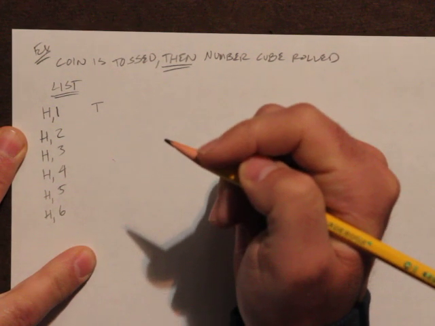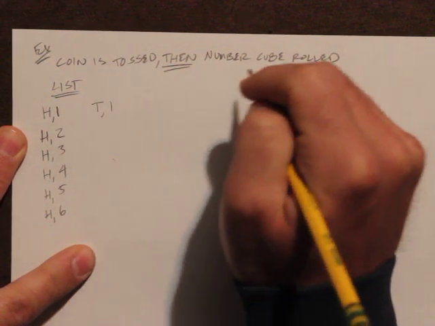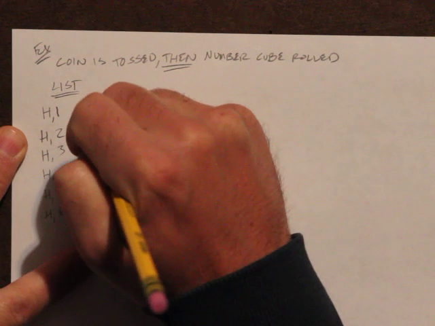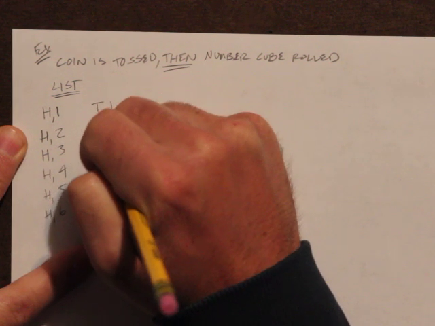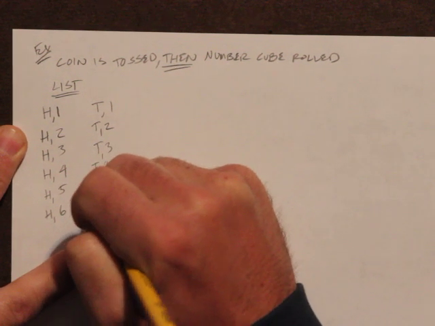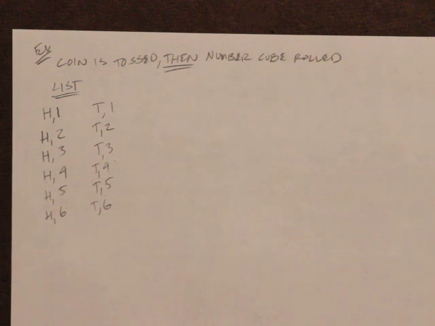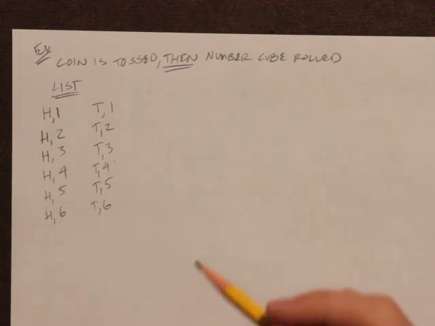Or I could get tails, and then get tails 1, tails 2, tails 3, tails 4, tails 5, tails 6. Those are all of my possible outcomes when first tossing a coin, then rolling a die.